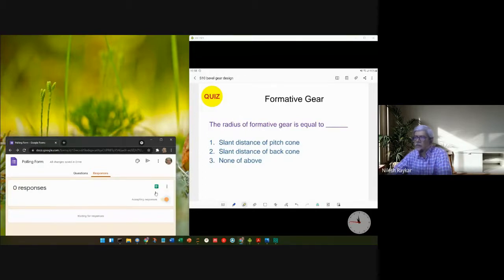Okay, so this is the second question. What is the radius of formative gear?